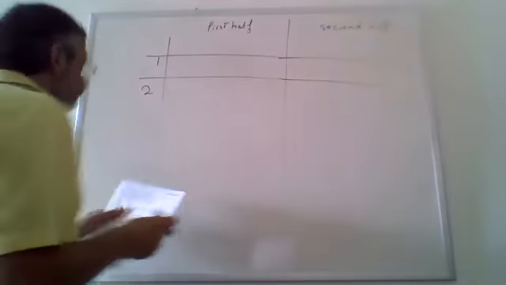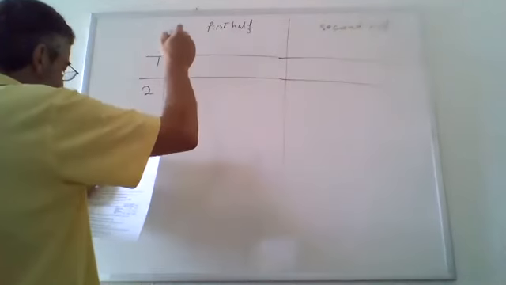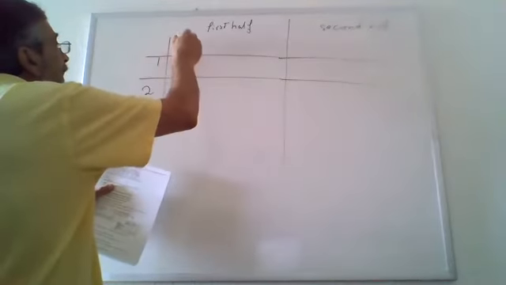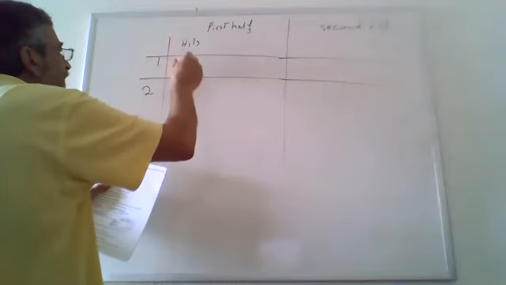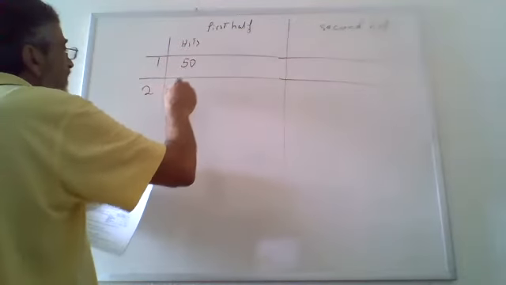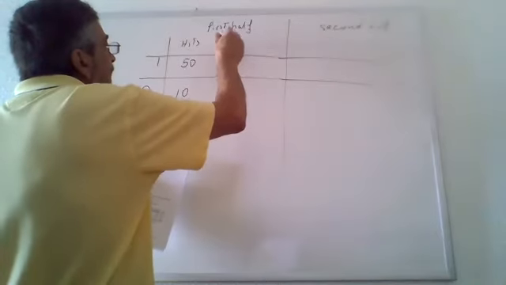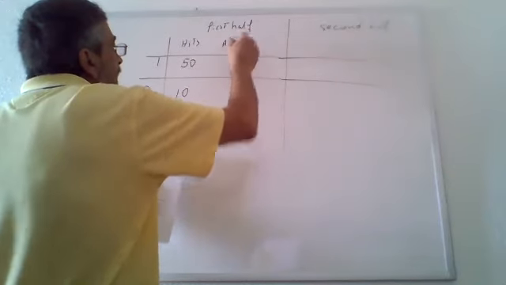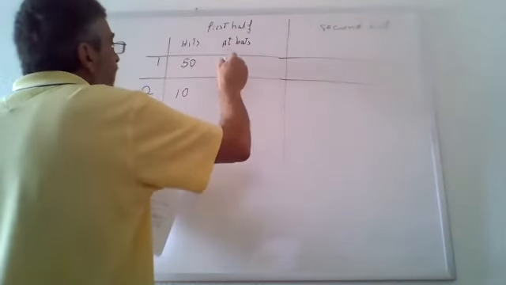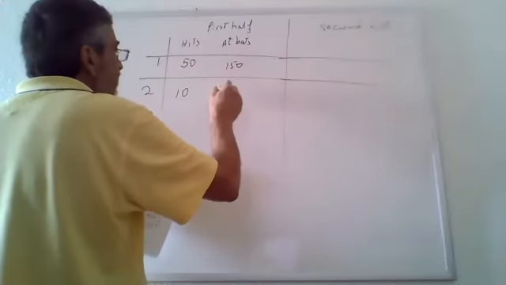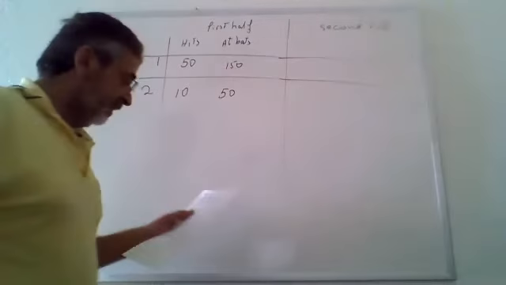Okay. So number of hits was 50 versus 10. At bats, we have 150 versus 50.